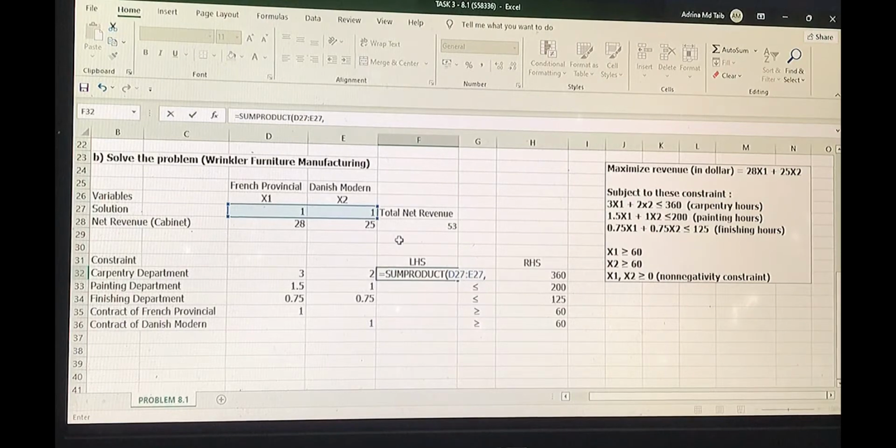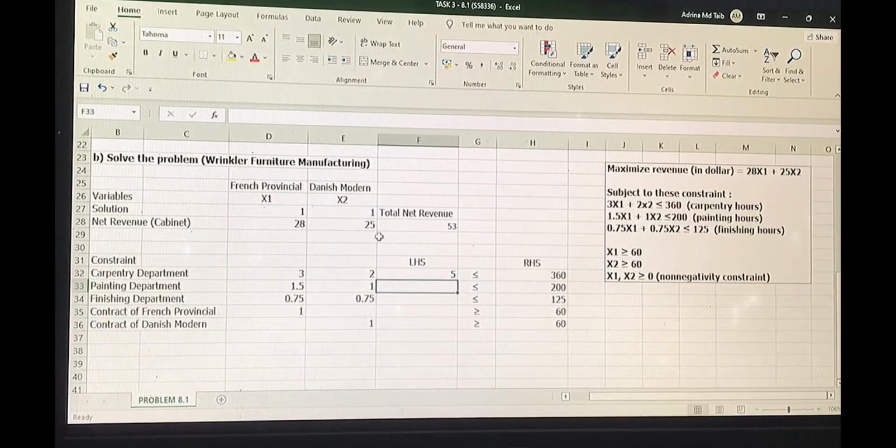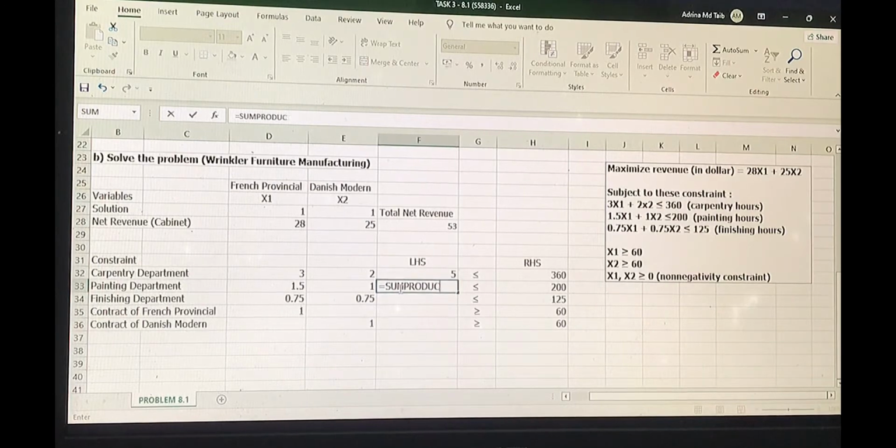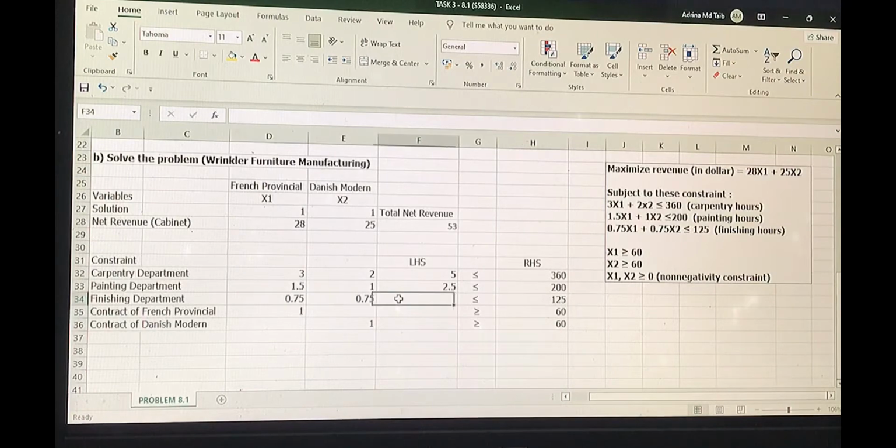We put a comma and take the value of the first constraint, D32 until E32. We close the bracket and enter, and we continue with the same steps as the first. So we highlight there and take this, and bracket, also this one.